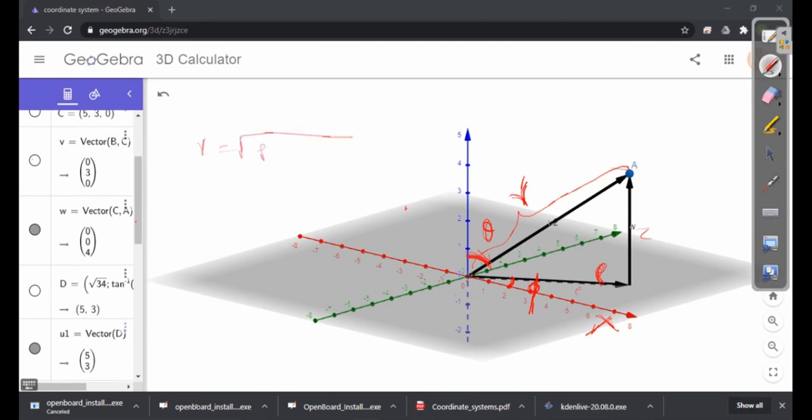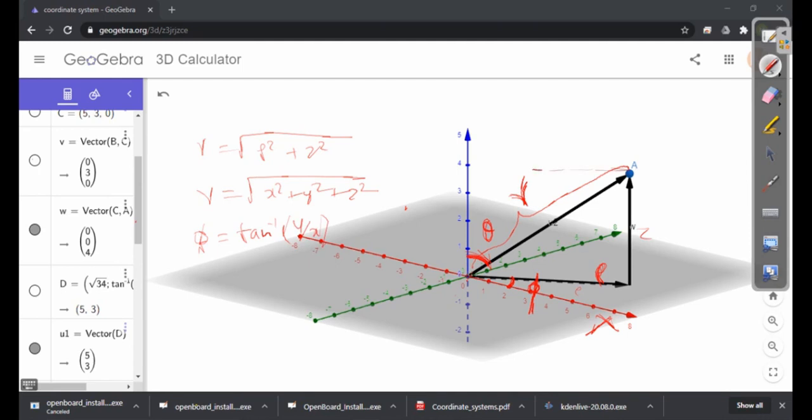Now rho square we know is x square plus y square, and the remaining is z square. So r is equal to the root of x square plus y square plus z square. Now what is phi? Phi is tan inverse y by x. This we have seen earlier in the previous case. And what is theta?